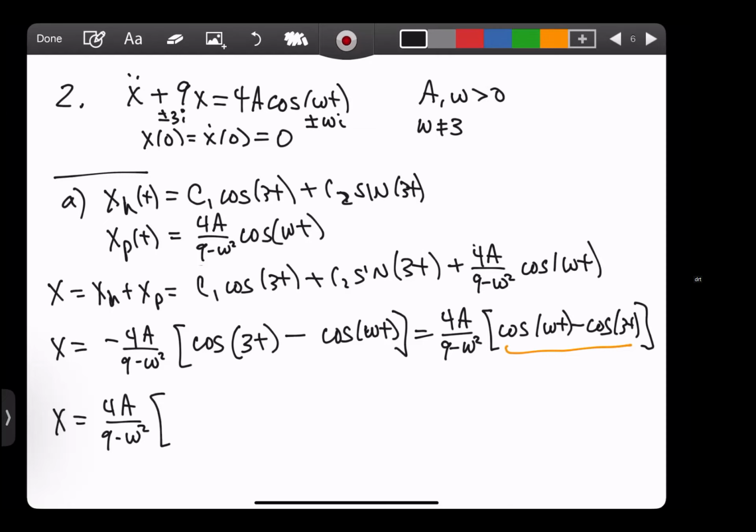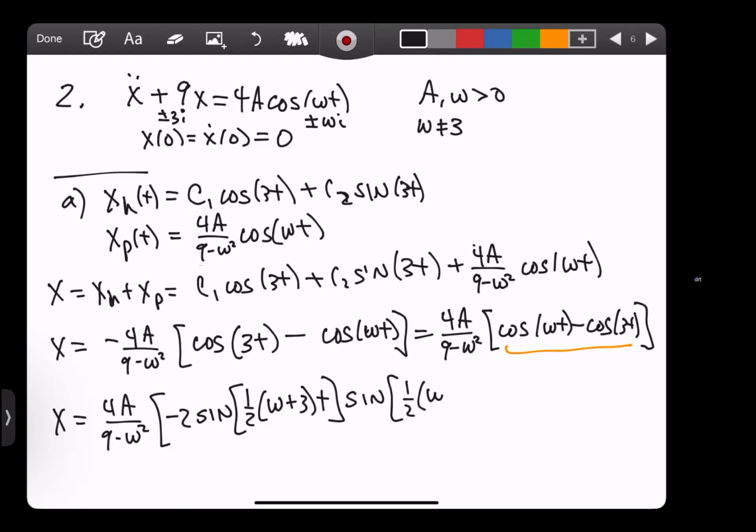And from the formula, we've got a negative 2 sine of 1/2 the sum of omega t and 3t, and you can pull out the t, so we get omega plus 3 t there, and then another sine of 1/2, and it's going to be the difference.